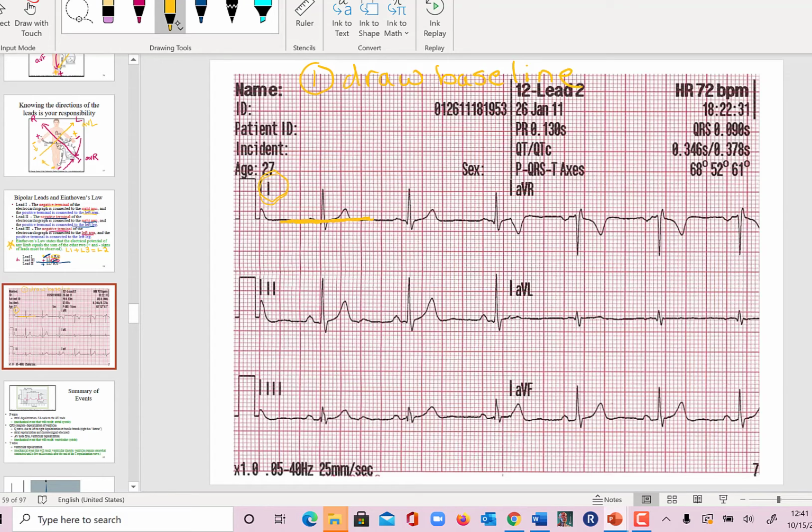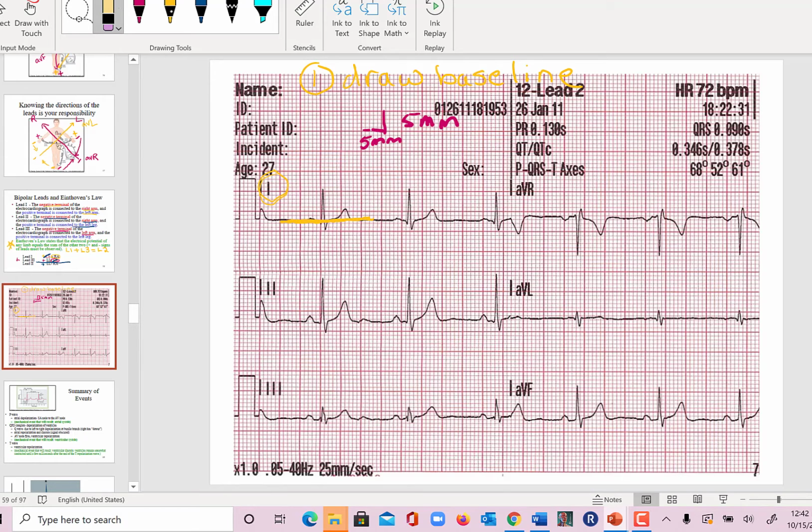Sorry for the yellow color, but I want to be consistent. Next, each of these boxes are a 5 by 5 box. 5 millimeters in height and 5 millimeters in width. So they're 5 by 5.